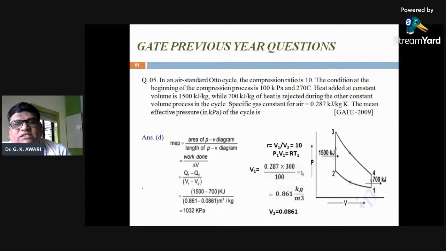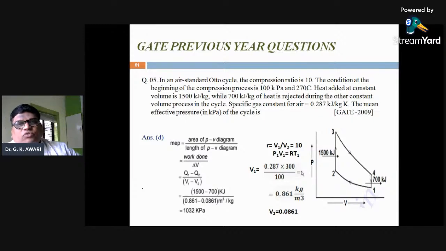The gas constant for air is 0.287 kilojoule per kg Kelvin. The mean effective pressure in kilopascal of the cycle is equal to the area of the PV diagram divided by the length of the PV diagram.